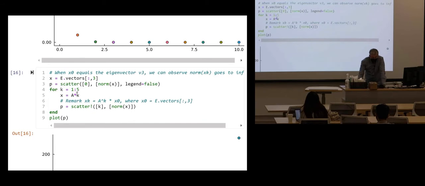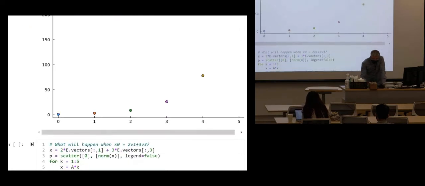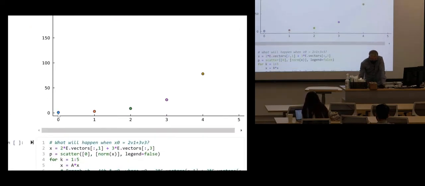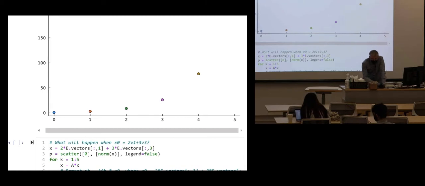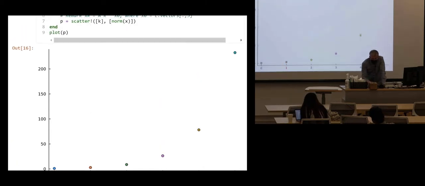So we have 3 times x, 3 squared, which is 9 times x, 3 cubed times x, which is 27, 3 to the 4th, which is 81, 3 to the 5th, etc. And so notice how the solution, which is the norm of the solution we're plotting here, just blows up.